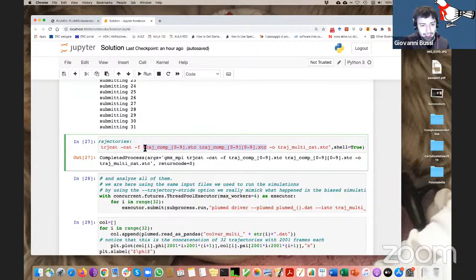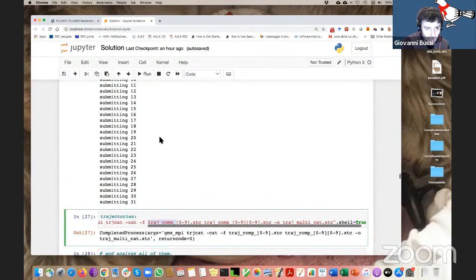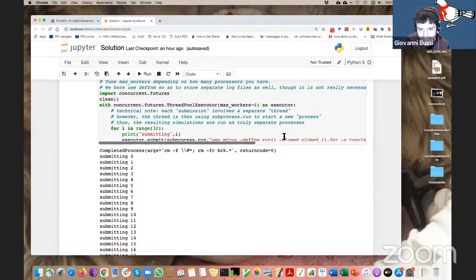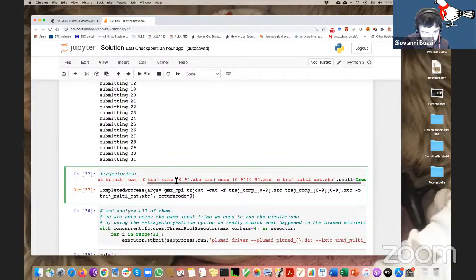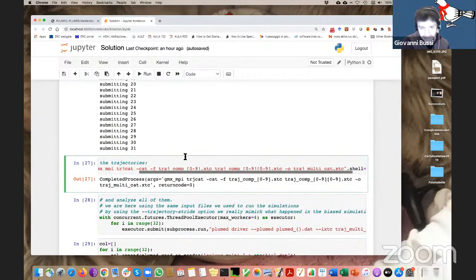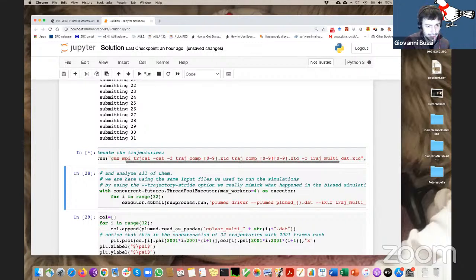So one thing that is a bit nasty of the default way in GROMACS when you use multiple replicas, or in this case, if you just append a number to the file name, is that basically the shell will not put them in the right order. So this is the way to have first files from 0 to 9 and then files from 10 to 31 in this case. Okay, so I've concatenated them.